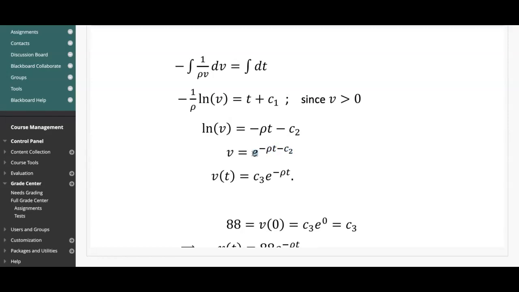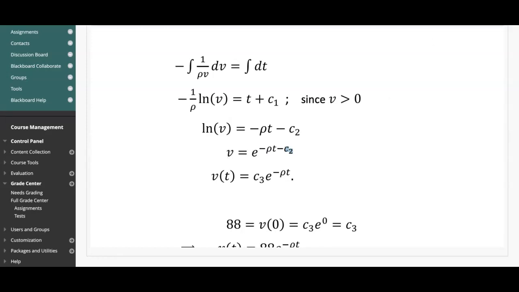You want to split it into e to the negative pt multiplied by e to the negative c2. Now you just use c3 to define your e to the negative c2. But you said that c2 doesn't equal c3 when I did my example. They do not equal each other. Sorry, could you say it again?